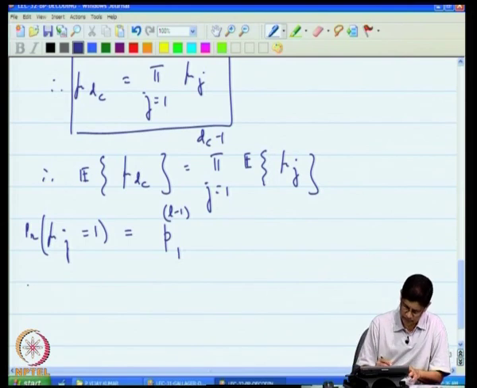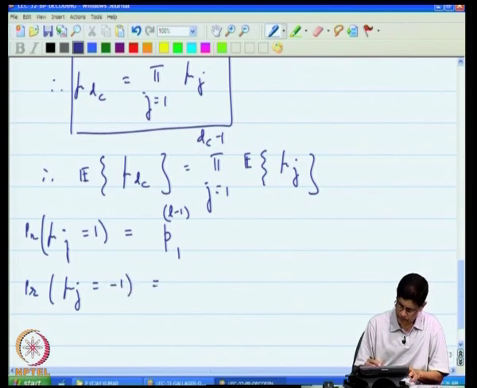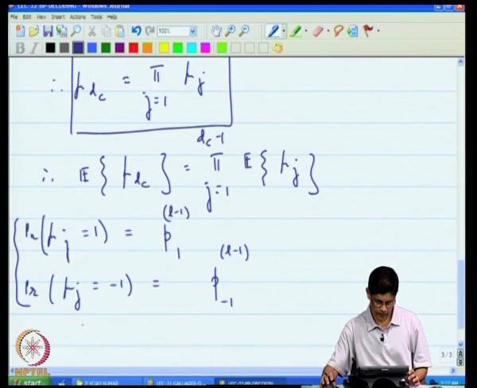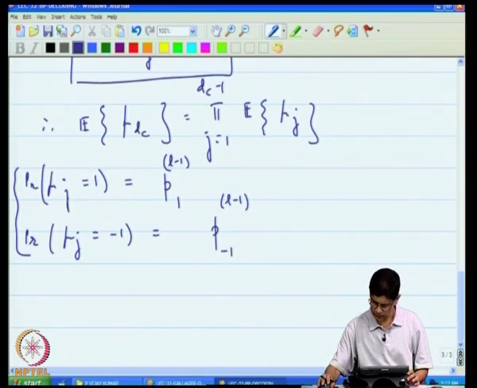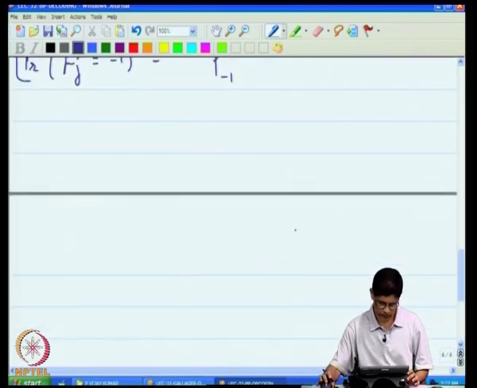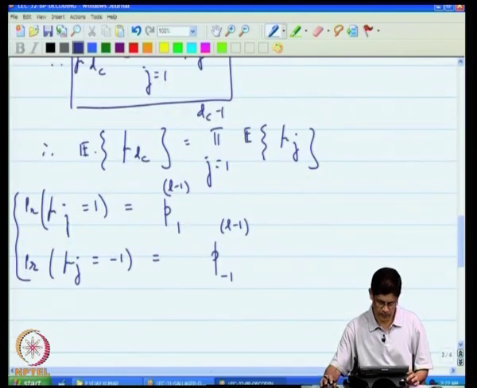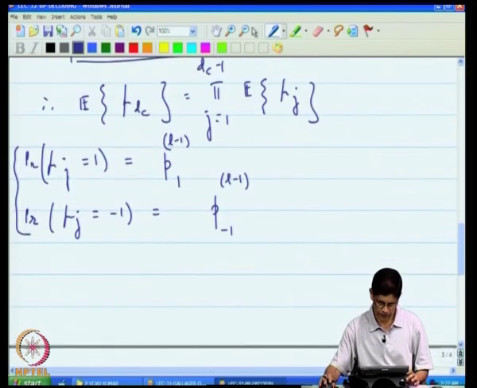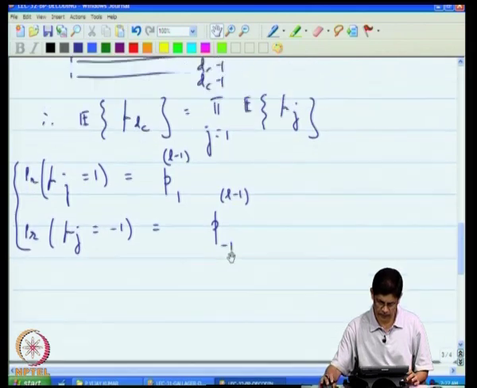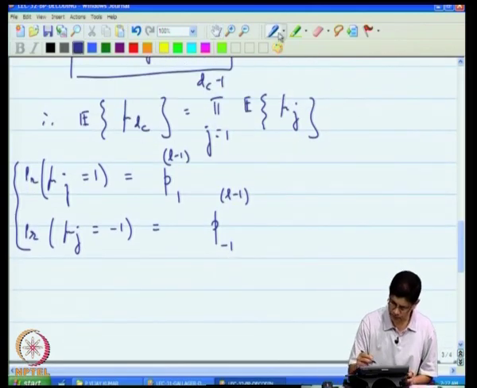Okay. And similarly, the probability that mu j is equal to minus 1 is p sub l minus 1 of minus 1. So, since all the mu's are plus minus 1 variables, when you compute the expectation, so I will call this 1.